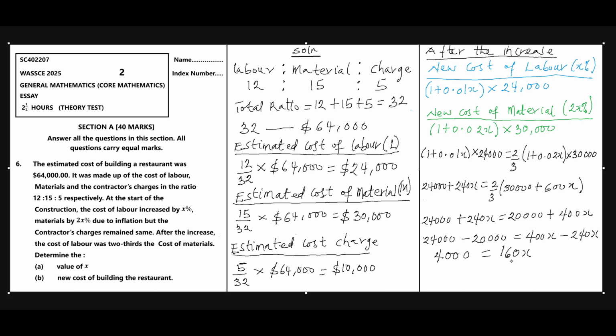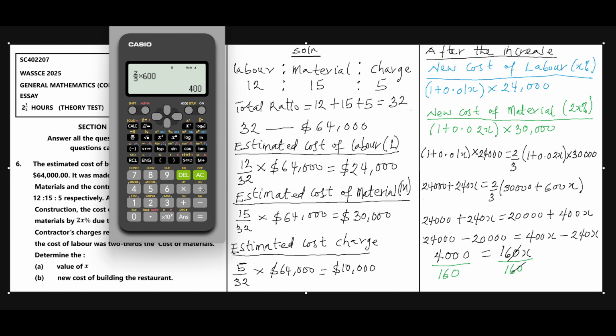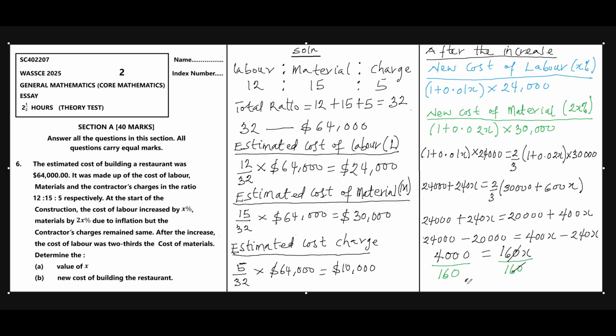Since we are looking for x, we can divide both sides by 160. So 160 will cancel out, leaving 4,000 divided by 160, which is 25. So 25 is equal to x.